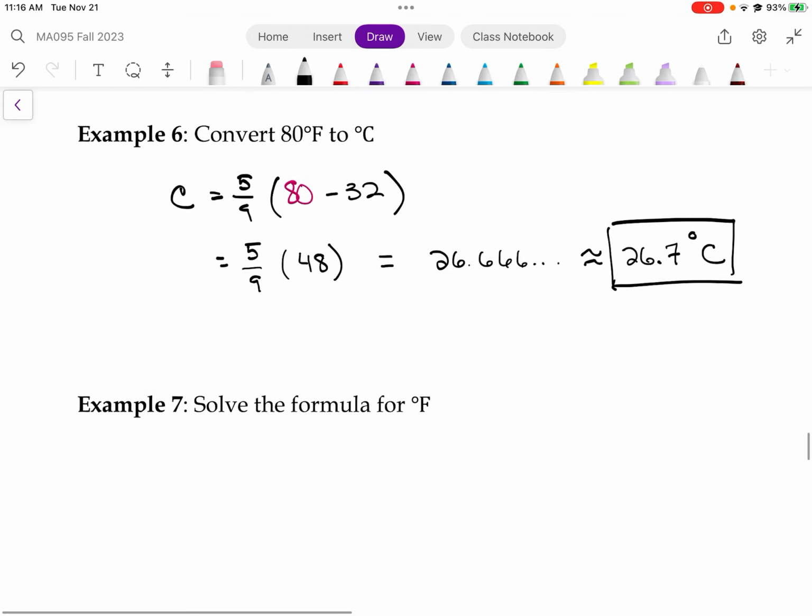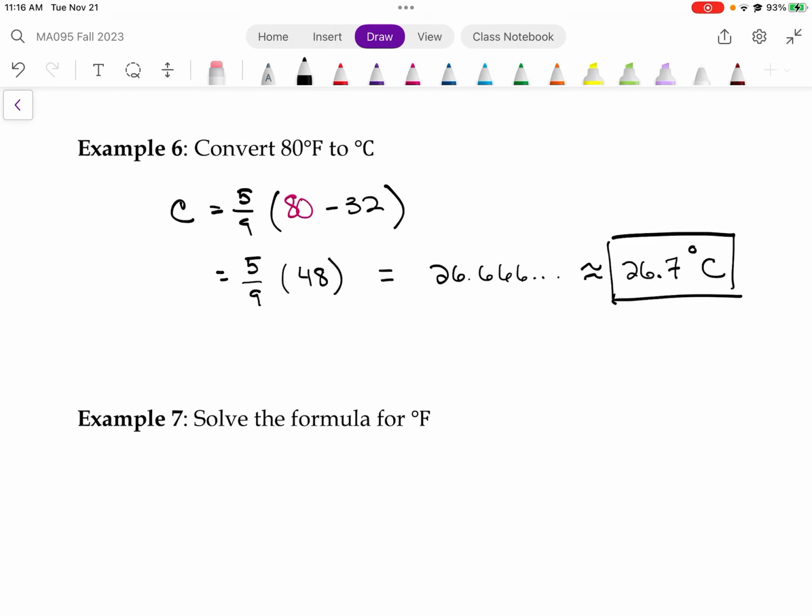All right, let's solve the formula for degrees Fahrenheit. So pause the video and see if you can solve this formula for degrees Fahrenheit. All right, so we need to isolate the F. So the first thing we need to do is get rid of this. I'm just going to scoot this over just a little bit so I have some room to write. I want to get rid of this 5/9, so I want to multiply both sides by the reciprocal, 9/5.